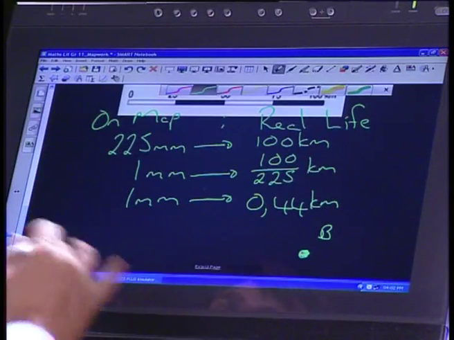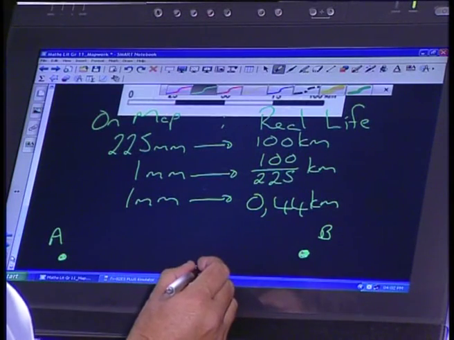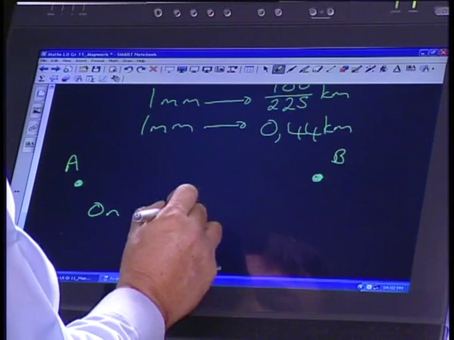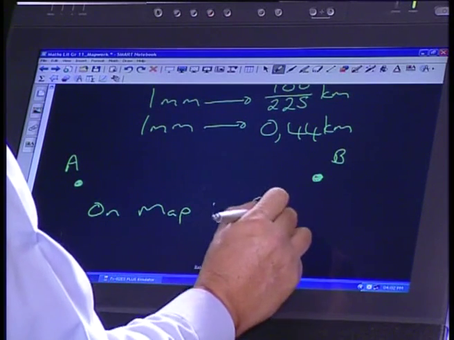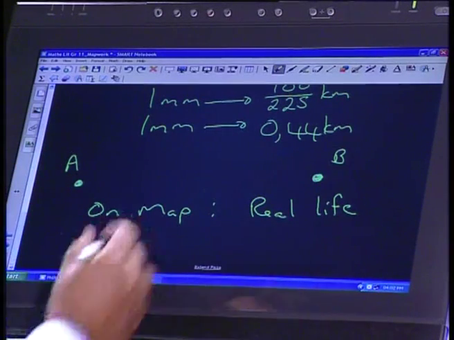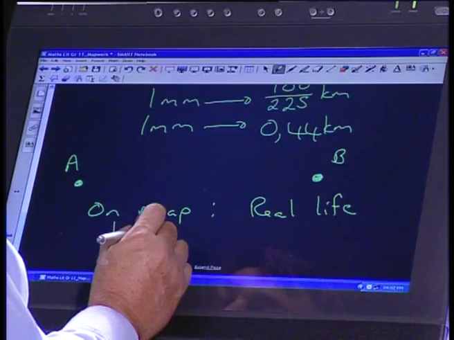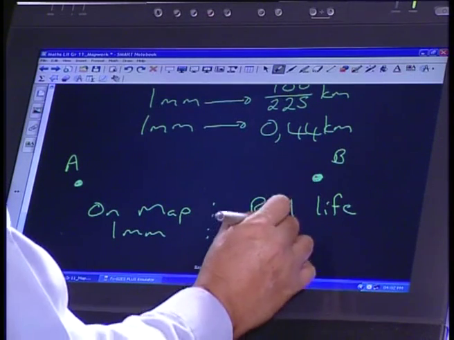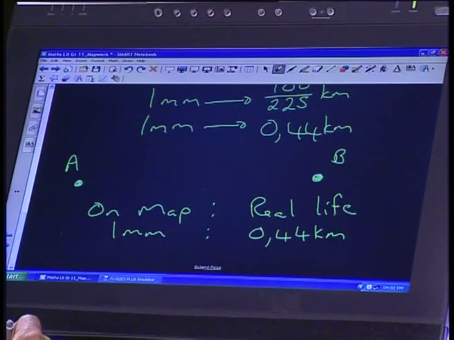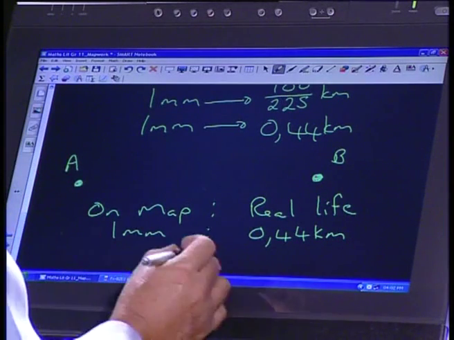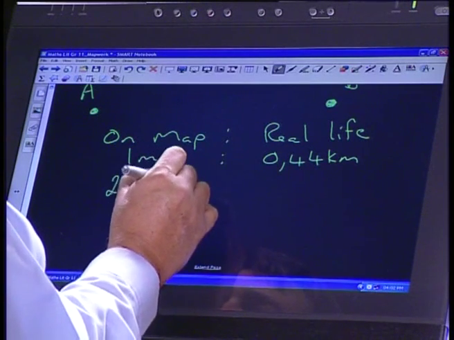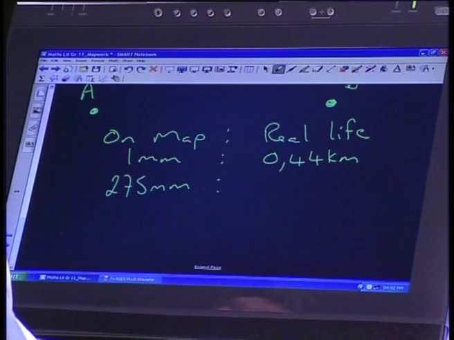So what I'm going to write here now is on the map and real life. Now the first thing I know is 1 millimeter on my map represents 0.44 kilometers in real life. We measured 275 millimeters. So what's that in real life?